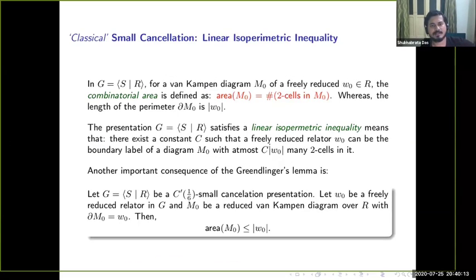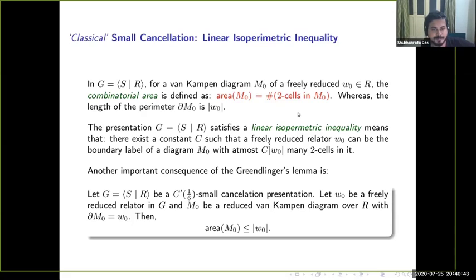Next is the linear isoperimetric inequality. So we have a freely reduced word W0 in the set of relators, and we can define a combinatorial area. We can count the number of two-cells in the Van Kampen diagram.